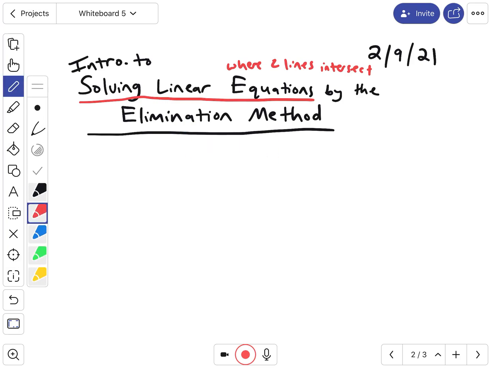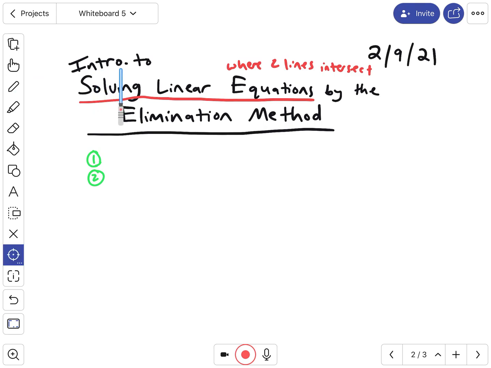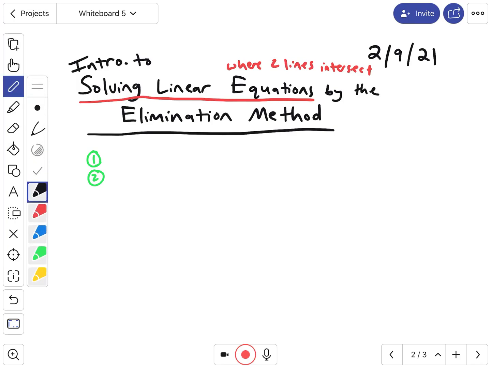And so I'm going to write down two equations. And with the elimination method, it's always good to number the equations because sometimes you might lose track of which one's equation 1, which one's equation 2. Not with the intro, but with the more advanced type of problems.